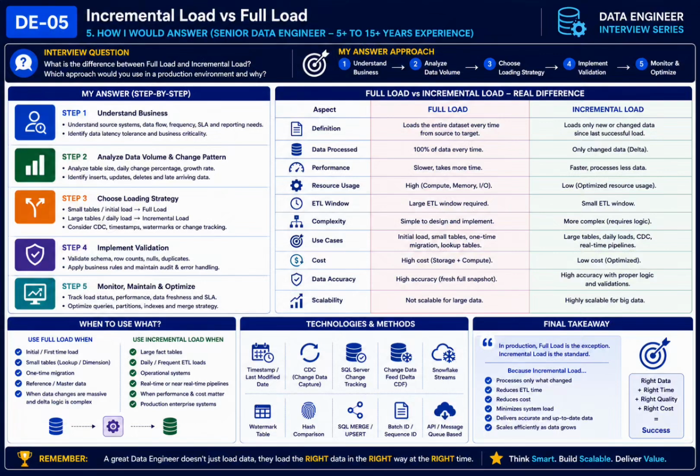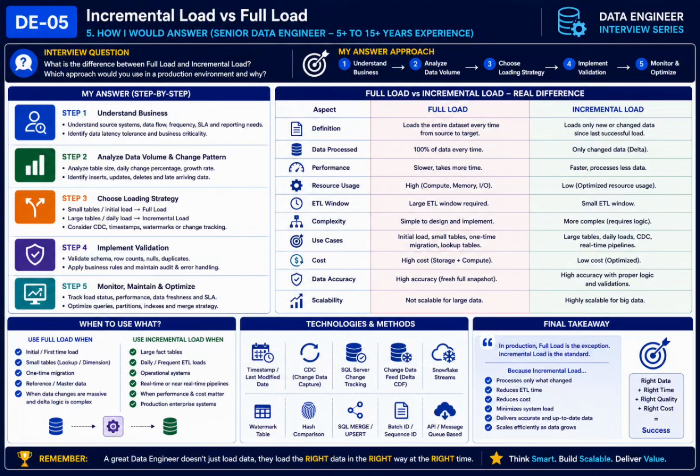So in my experience, full load is mainly used for initial or exceptional scenarios. Incremental load is the preferred approach for enterprise production systems because it minimizes processing time, reduces infrastructure cost, scales efficiently as data grows, and still maintains high data quality and reliability.